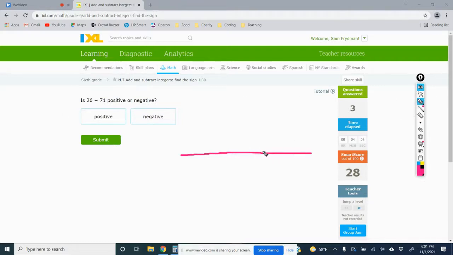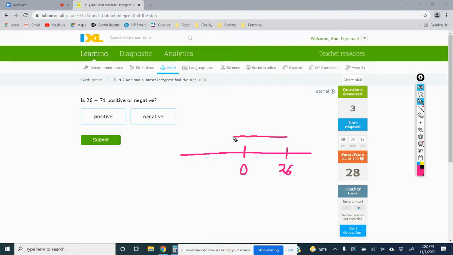For this one, we're starting at positive 26. Let's say that's here. And then we're subtracting 71. So that means we would move to the left 71 spaces. If we start at 26 and then we move to the left 71 spaces, well, if we go 26 spaces, then we're back at 0.